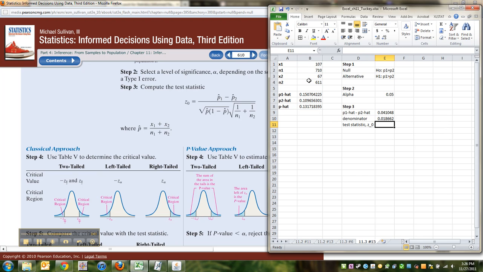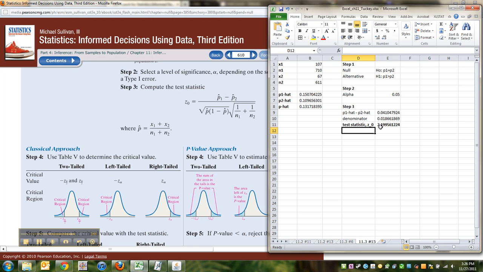Close parentheses, enter. All right, so there's the numerator, there's the denominator. So the test statistic would be equal to that numerator, 0.04, divided by that denominator, 0.018. Enter. There's our test statistic.